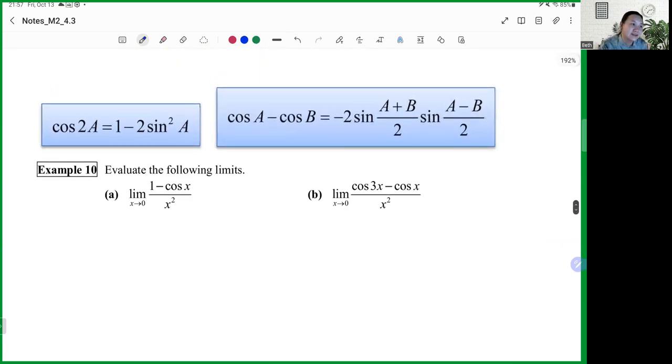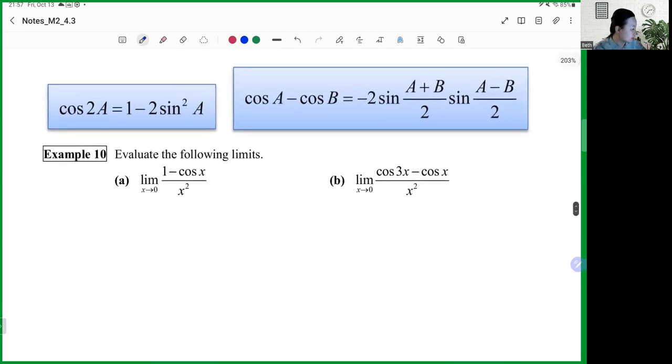It's just that the function is more complicated and we need to use some of the identities we learned last year. And don't worry, I typed out the ones that you're going to use tonight. Mainly there are 2. Okay? So for this one, remember our special limit is only about sine.